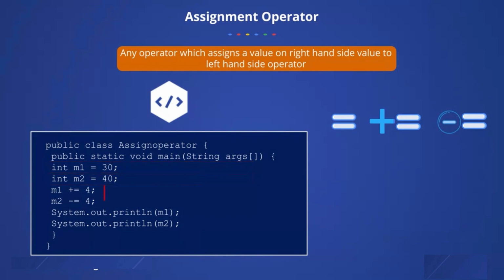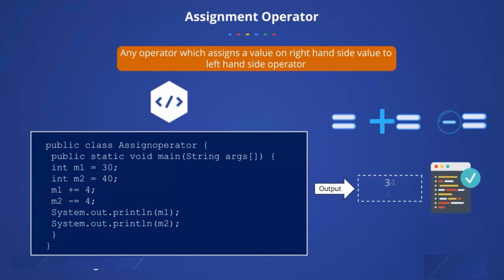After that, m1 plus equal to 4, which is nothing but m1 equals m1 plus 4, is incrementing or updating the m1 value by 4. That means m1 was 30, now it becomes 34. Similarly, m2, which is 40, you are decrementing by 4, that means m2 becomes 36. And that value is getting printed here.